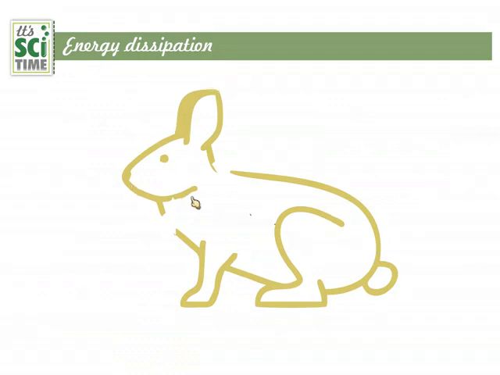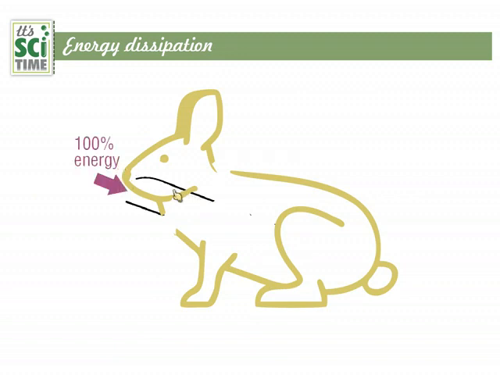When an organism, any organism, it may be a plant, animal, or a microorganism, takes food, that means it takes energy, basically chemical energy through the food. Look at the 100% energy taken by this rabbit. But as it performs a lot of metabolic processes, especially respiration, it uses up some amount of energy for its metabolic activities. Roughly 60% of energy is used up for respiration.